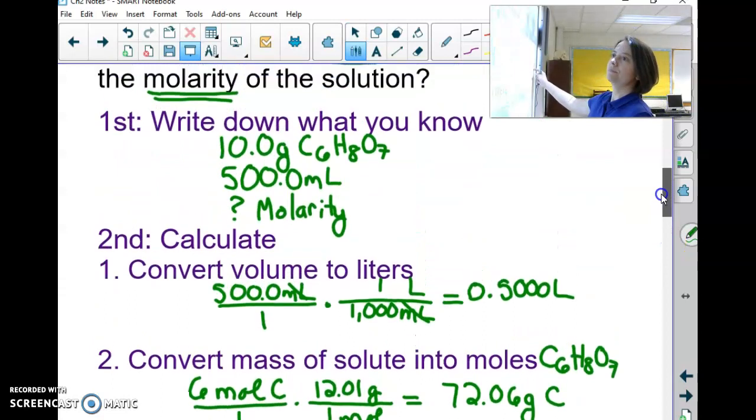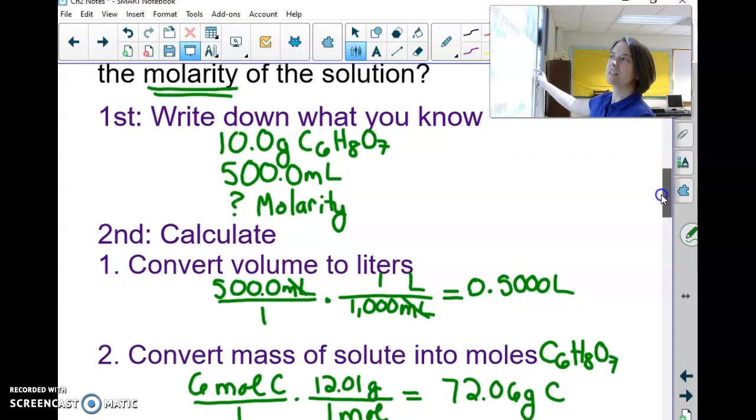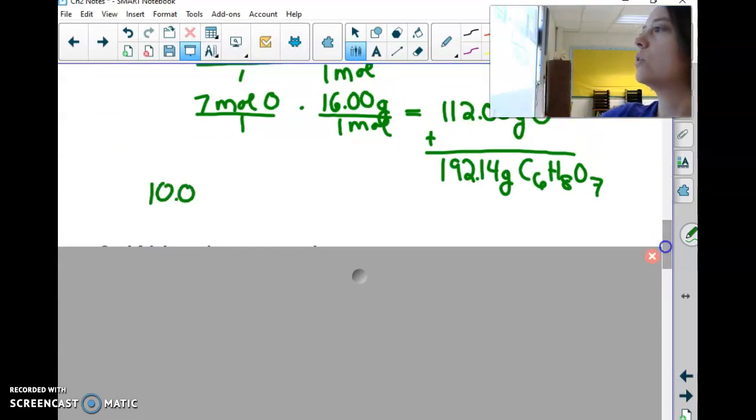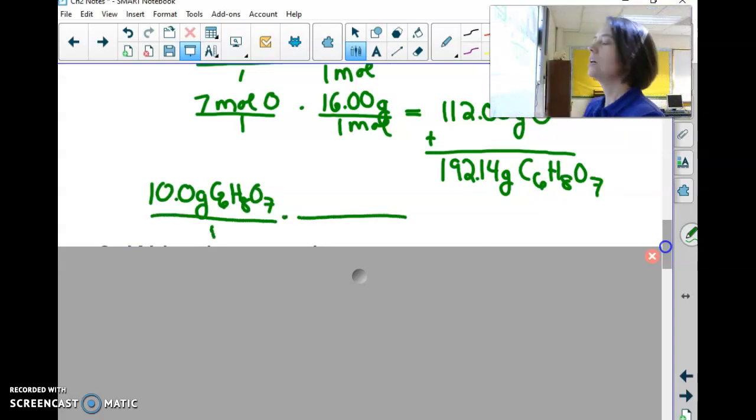So I know that my mass is 10 grams. So I'm going to start with that. 10.0 grams C6H8O7 over 1 times, if you remember converting mass to moles, I take my mass and then I multiply it by my molar mass.